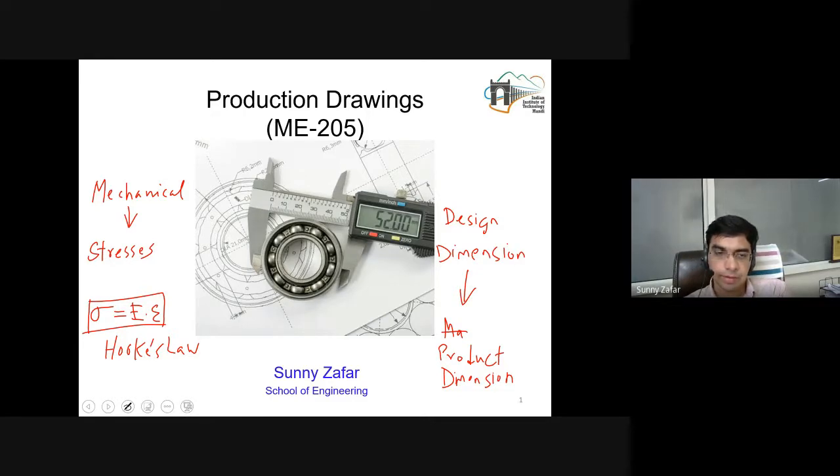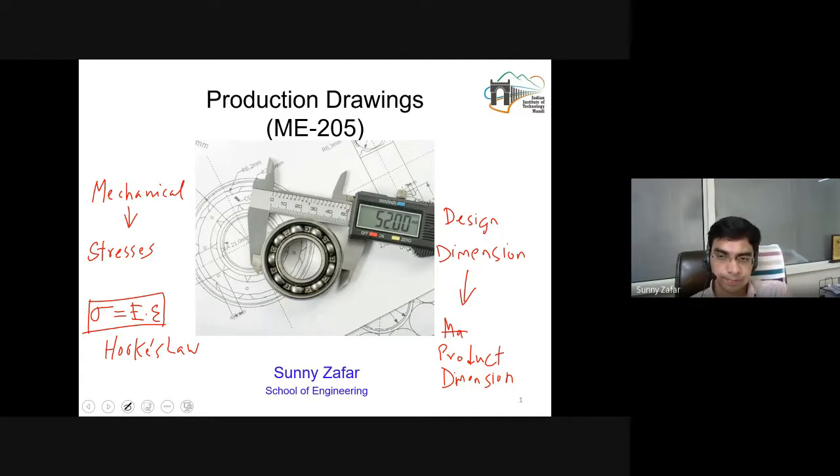Now, to counter the stresses induced in any product, the product is made up of certain material. We have seen an overview of different types of materials in the IC 141 course: metals, ceramics, polymers, and composites.